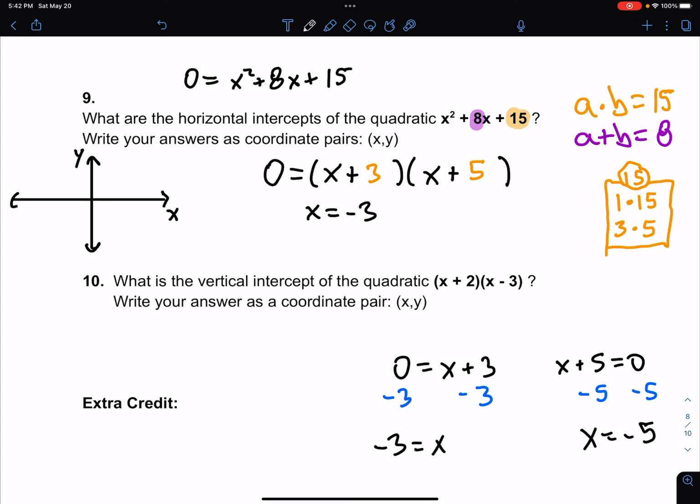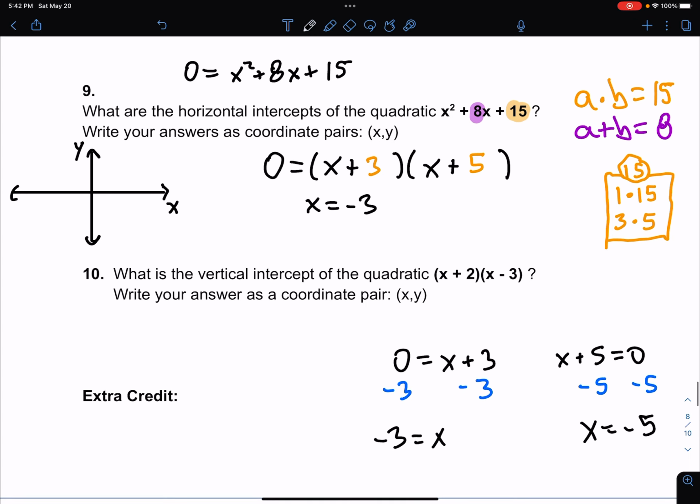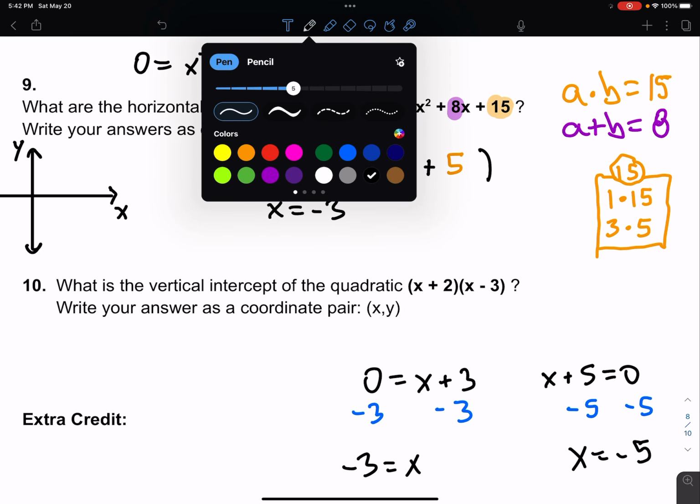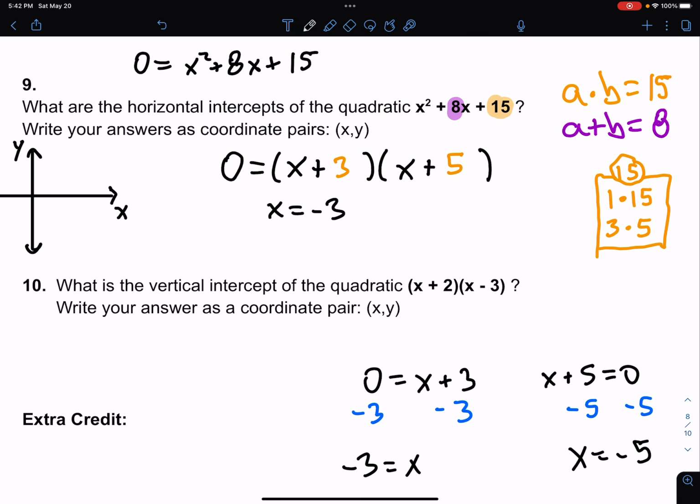And you can do it like that. Me personally, I feel like that sometimes would confuse me in high school, so that's why I've been focusing on us just thinking of what's the number that x could be that gives us a 0 here. So -5 plus 5 is 0, and -3 plus 3 is 0.